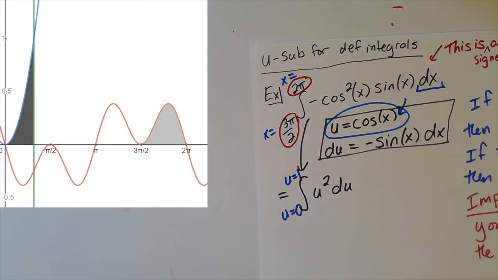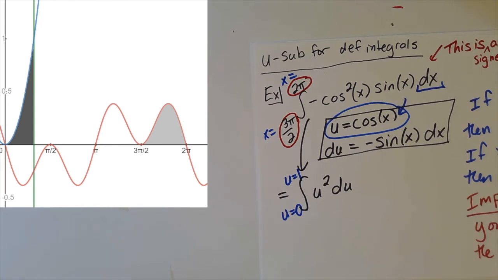So you see over in light gray, on the right of the graph, we have the graph of minus cosine squared times sine of x from 3 pi over 2 to 2 pi. And then over in dark gray, we have exactly the area between 0 and 1. That vertical line is at x equals 1, which is not labeled.